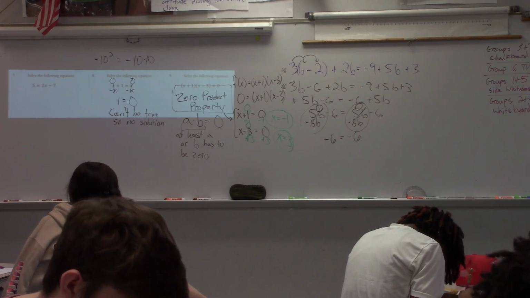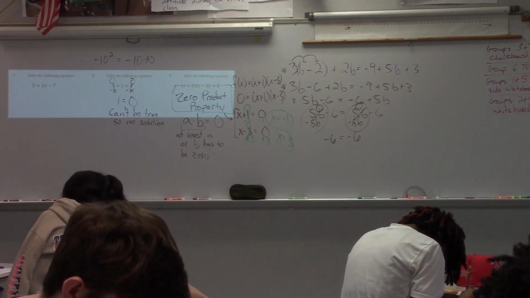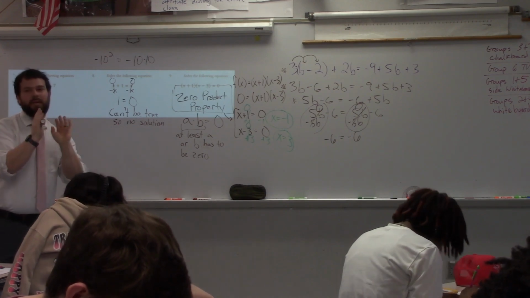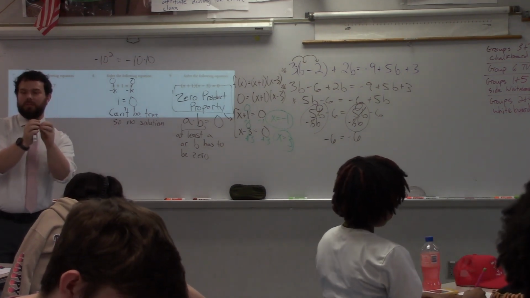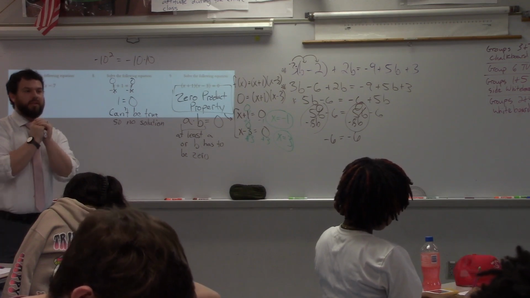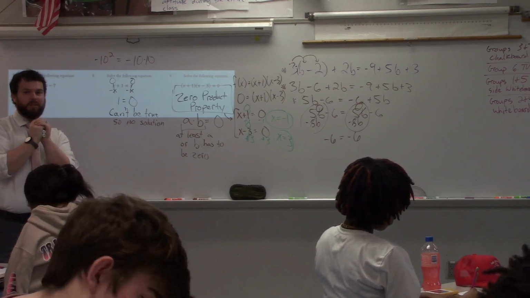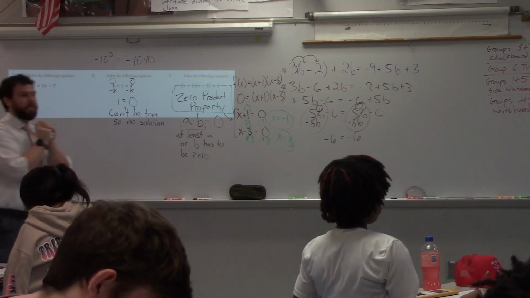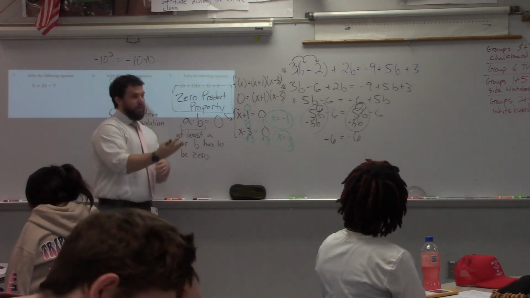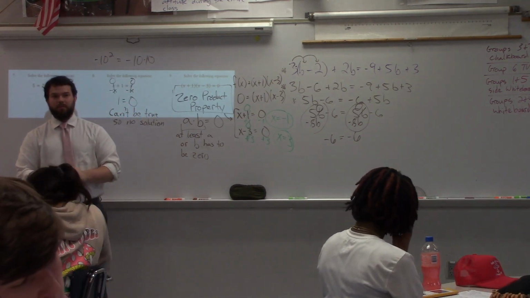I'm particular about mathematical language because when we understand the language, it can be applied in lots of different ways instead of just learning a rule to get us to a test and then we forget the rule after the test. The zero product property is going to show up over and over and over again in mathematics. Okay, what questions do we have before we continue?